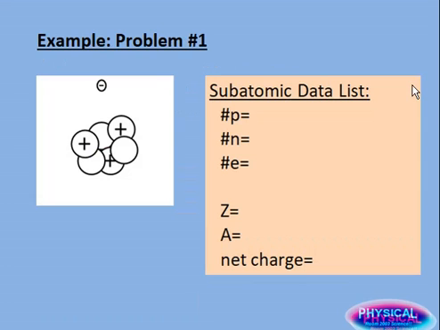So let's use as an example problem number 1, which we did last week. It's a drawing. These problems are going to deal with drawings. We will deal with other non-drawing problems in a follow-up exercise. But what do I know about this atom or ion based on the drawing? Well, number of P, I can count them up.